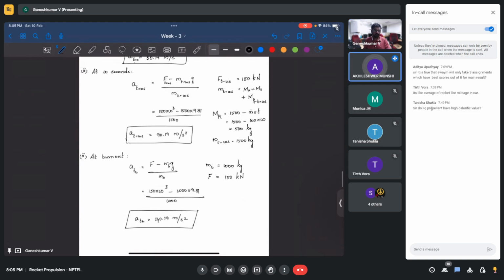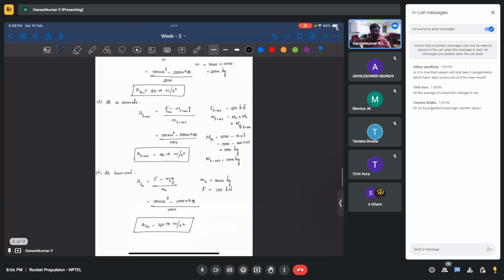Even if we consider the reduction in g, we will get even greater acceleration. So it's not because the force is increasing or decreasing, it's because the mass of the rocket itself is changing, which is causing the acceleration to increase. That is why it's also a unique problem.